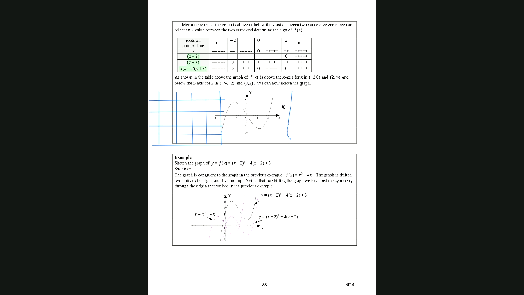So I know my roots were minus 2, 0, and 2. I can put minus 2 here and 0 here.